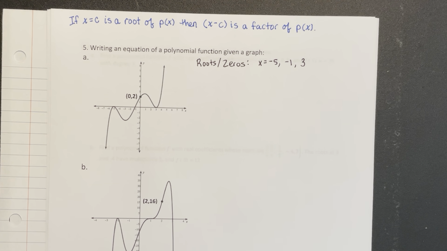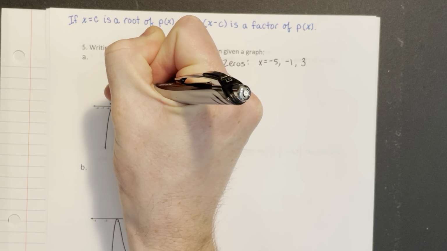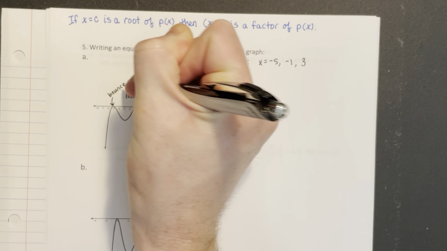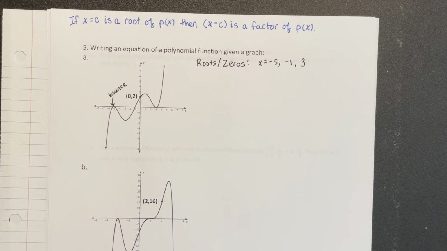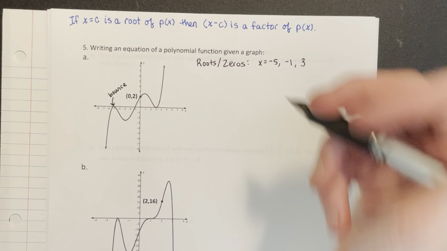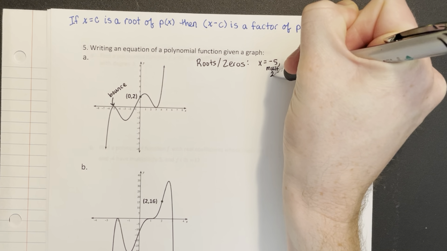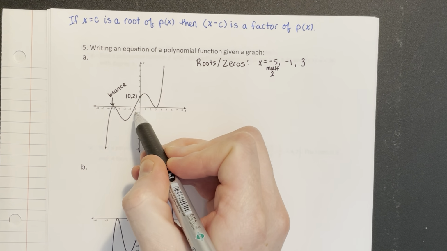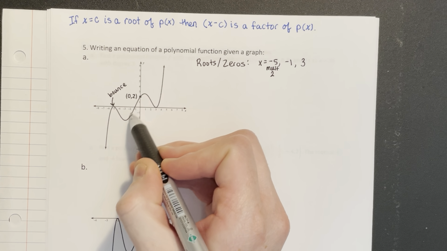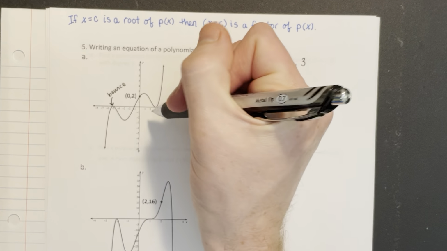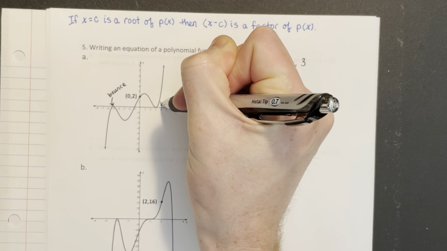If we think about the multiplicities that are going on, here at -5, we have a bounce off the x-axis. That's going to make this have a multiplicity of 2. The -1 is going straight through -1, and at +3 we're bouncing again.